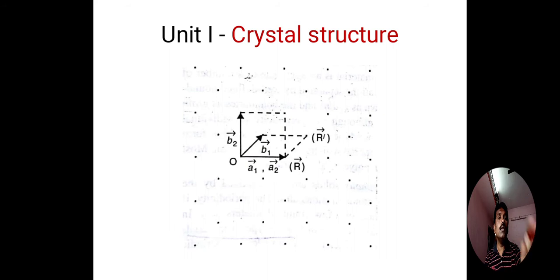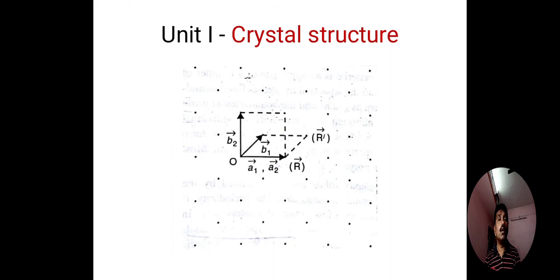There is one vector a1 and another vector b1. Just think about this. And a1 and b1 lead to another point, giving r and r dash.